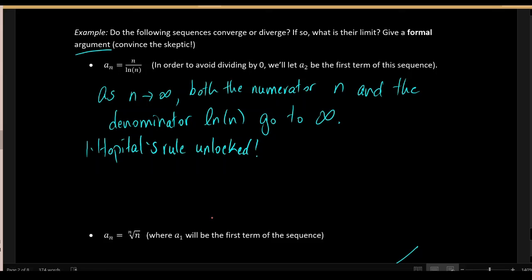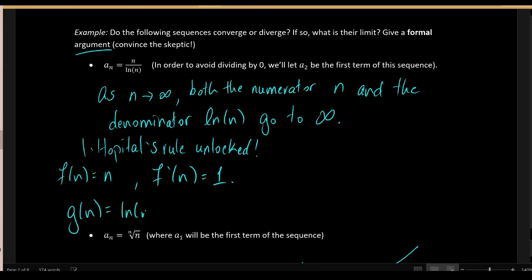And that means that I can calculate the limit of a_n by calculating the limit of what I would get if I took the derivative of the top and the bottom. Now, if I take the derivative of the function f of n equals n, then by power rule, I will just get the number 1. Treating n as the input variable. n is behaving like x here.